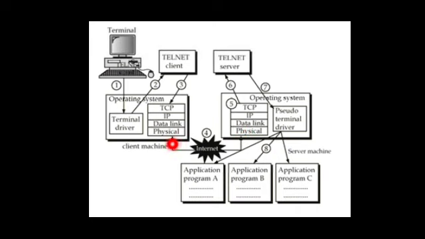After establishing the TCP connection, it will use that connection, and by using the IP address, the IP packets of NVT characters will be transmitted through the internet to the server.